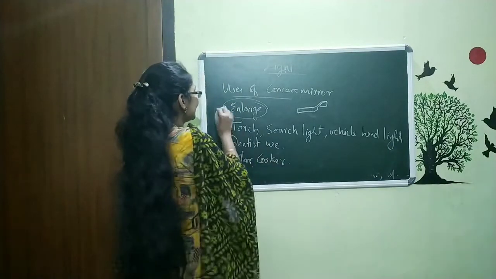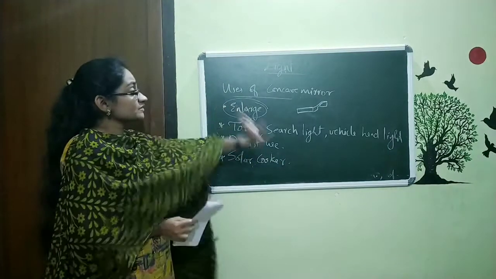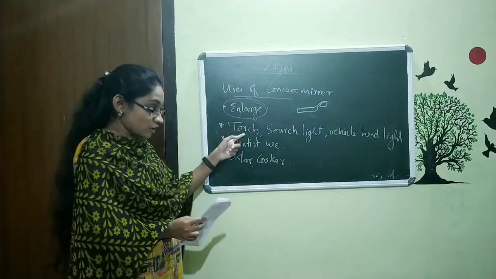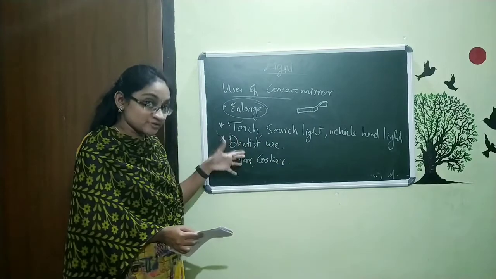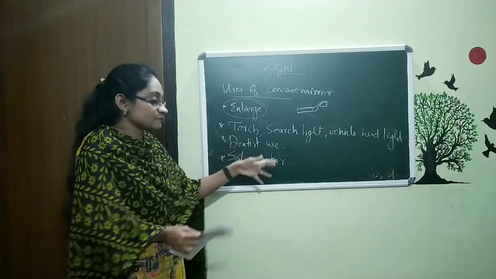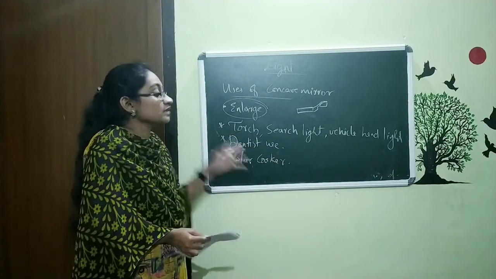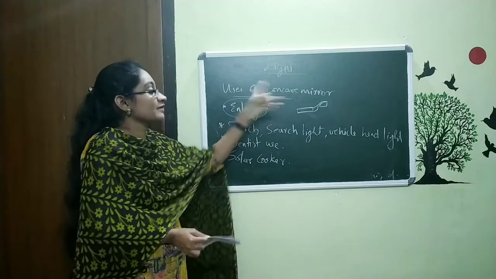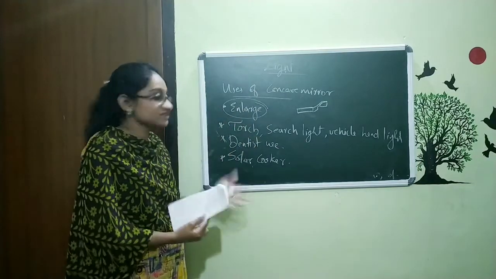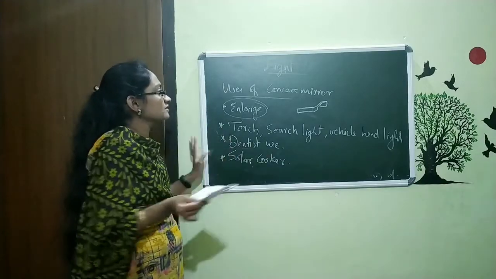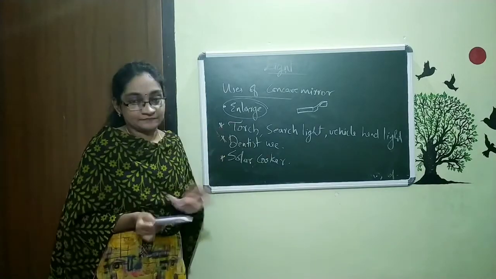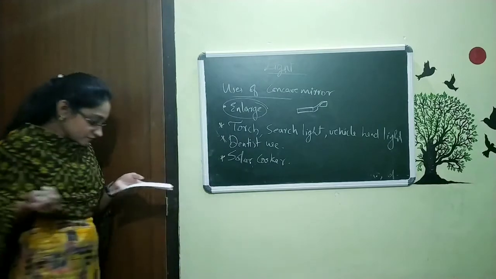So just study these examples. We are using this concave mirror in torch, searchlight, vehicle headlight. Then we are using it in the dental hospitals, in our solar cooker, or we are using this concave mirror to enlarge the image or make it bigger. So that's all about the uses of concave mirror. I think it's clear for you.